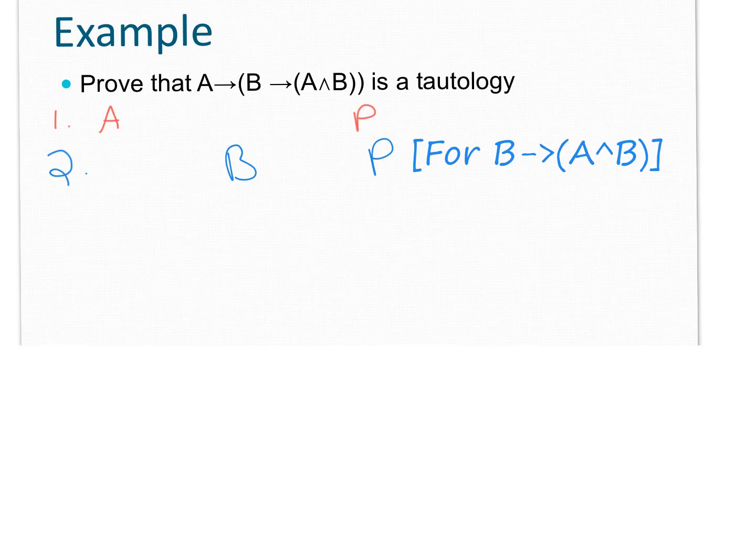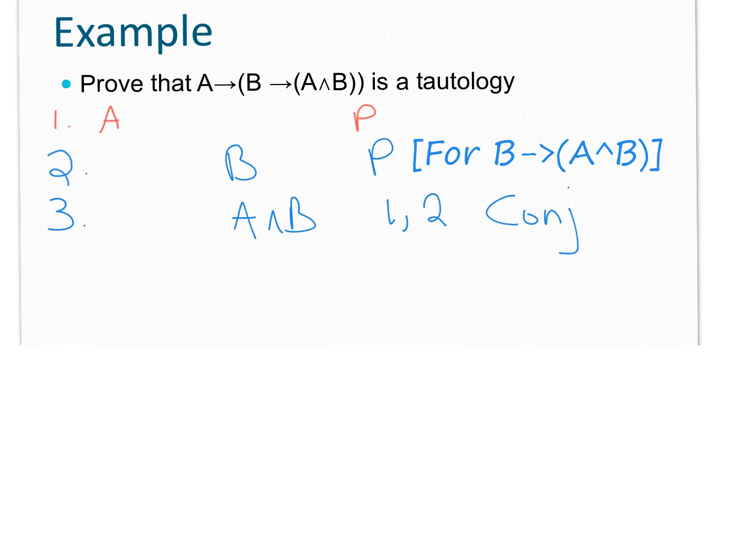Now that I've assumed B, it makes things kind of easy, right? Because if I look at my rules, what do I need? I need A and B. But I can get A and B because I can use my conjunction rule, right? So now I could say A and B. I can conclude A and B based on lines 1, 2, and the conjunction rule, right?